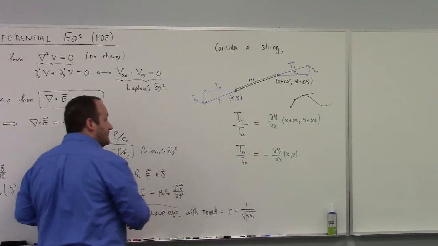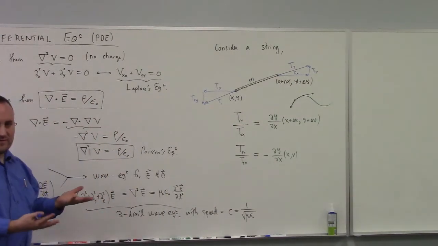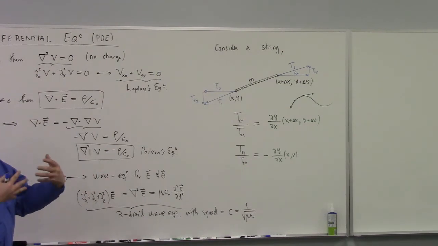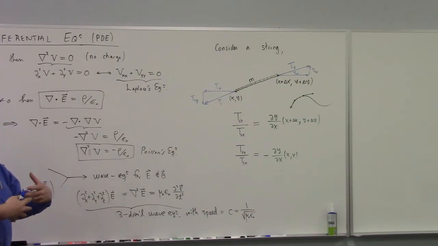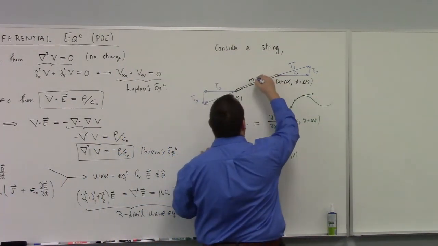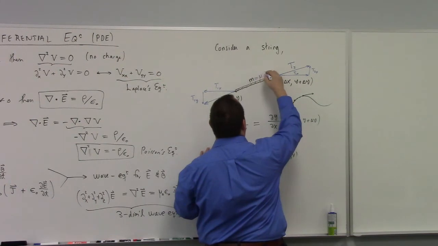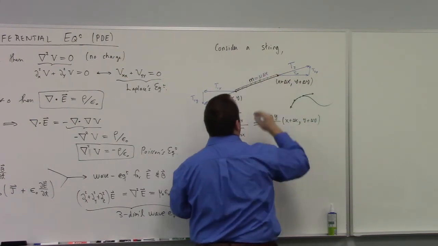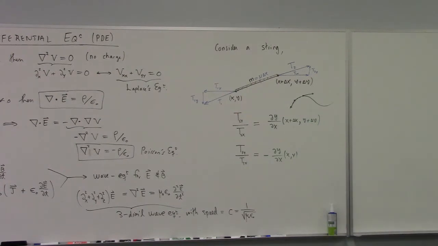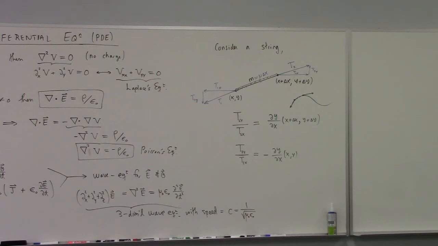All right, so then what do we know? It's a length of string with tension pulling on it, but this little piece of string has to be subject to Newton's law. So the mass is equal to the mass per unit length, mu, times delta x, essentially. There's a little bit of a cheat right there.